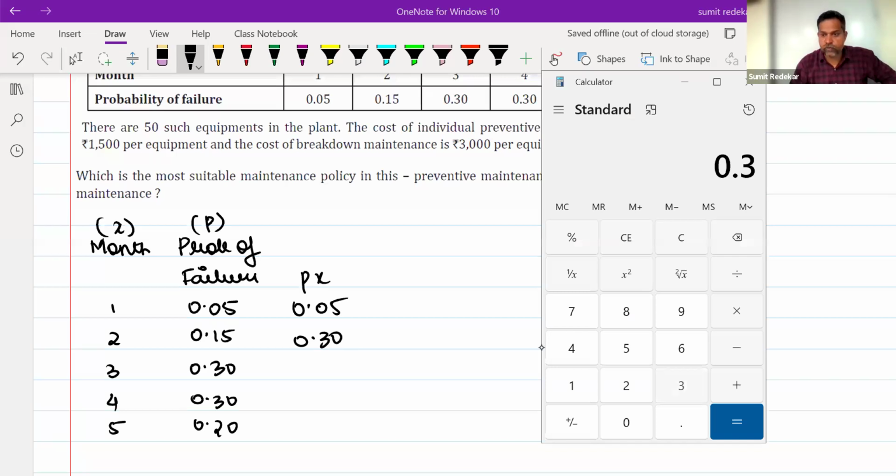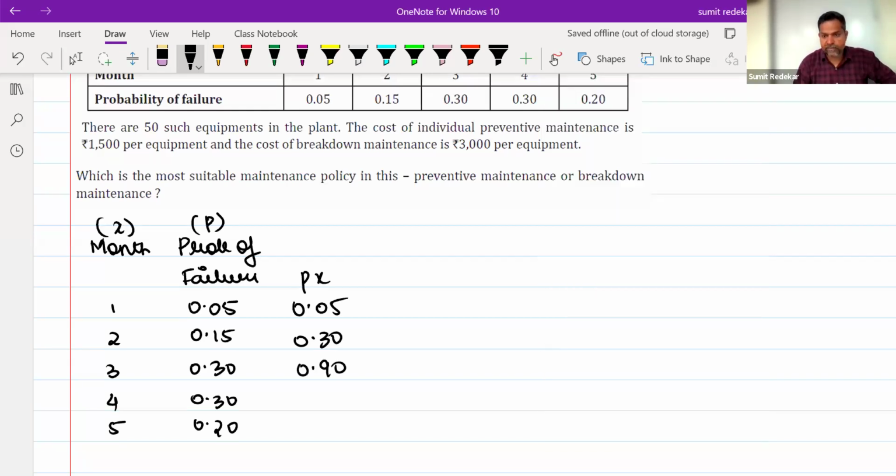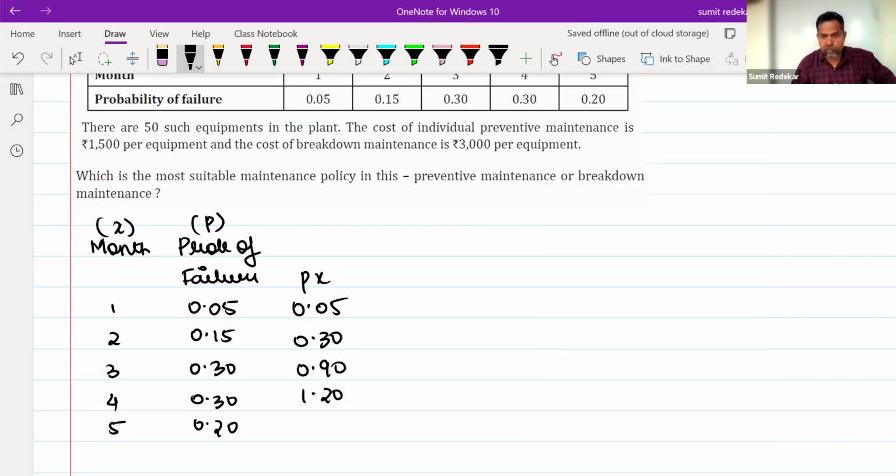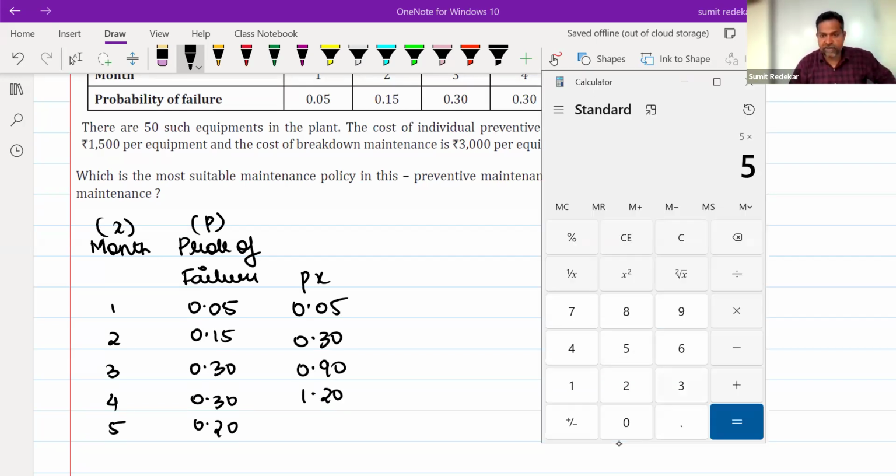Then you will have 3 into 0.30 is 0.90. Next, you have 4 into 0.30, that is 1.20. And lastly, 5 into 0.20, which is 1. If I recall, I get 3.45.